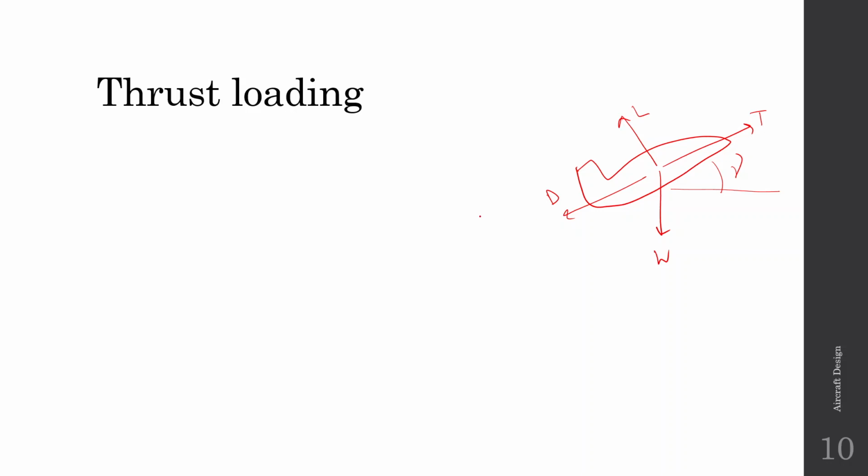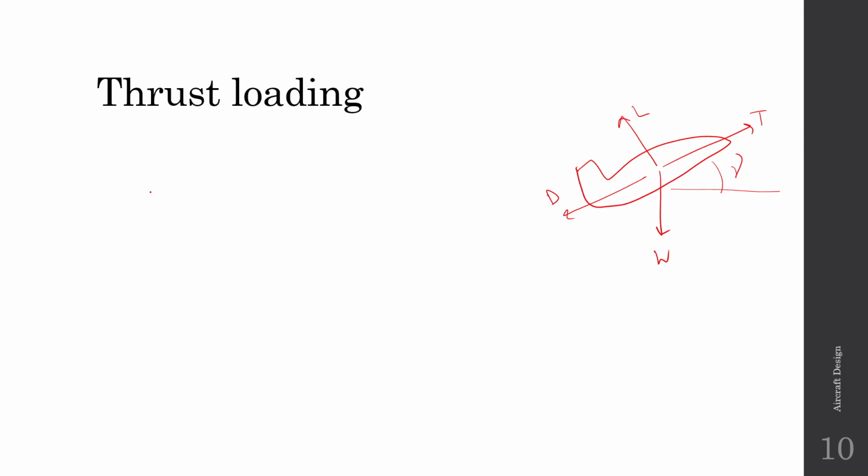The next quantity is the thrust loading. Again we'll have the component forces acting on the aircraft. In this case, I have drawn the aircraft as it is climbing.